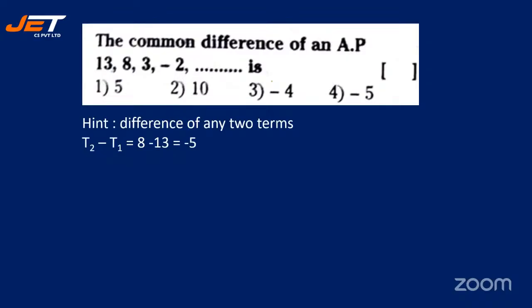I think this question can be done by you. It's very simple. So now I'm going to see only the answer. Who is going to give me the answer? I'm giving you 1 full minute. You just have to find out the common difference.